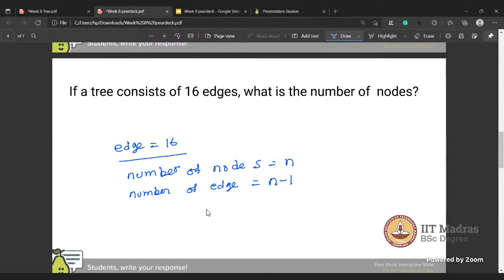So n minus 1 is equal to 16, and the number of nodes will be 17. You got it? Who asked the question? Yes, sir, got it.